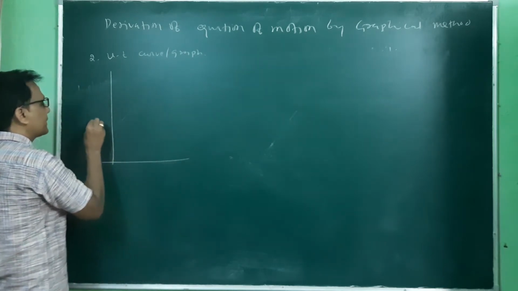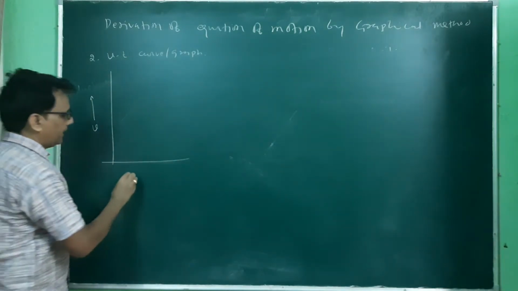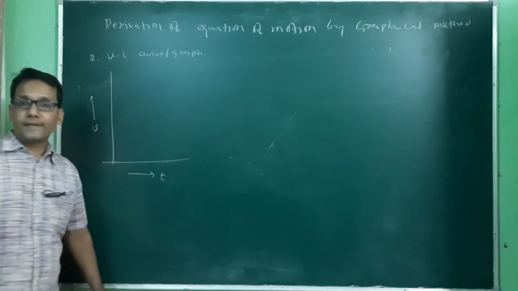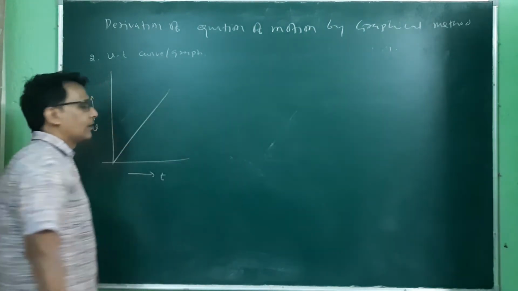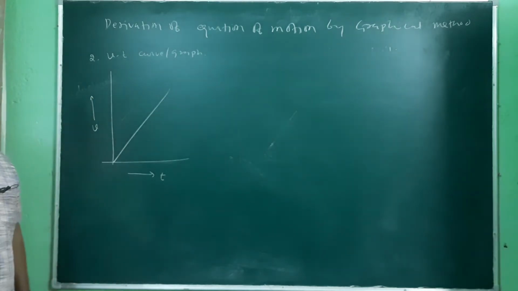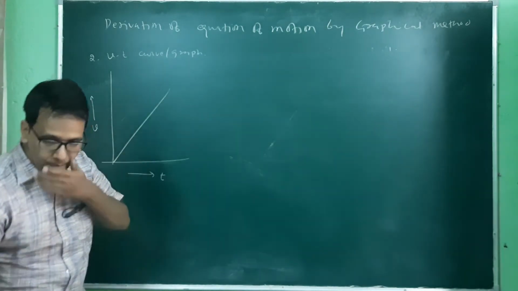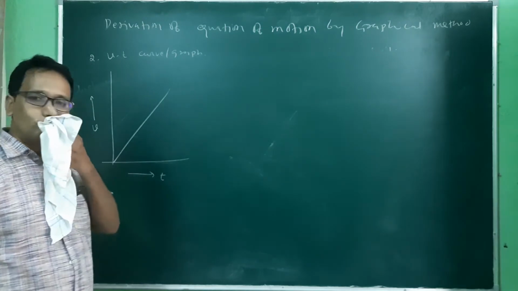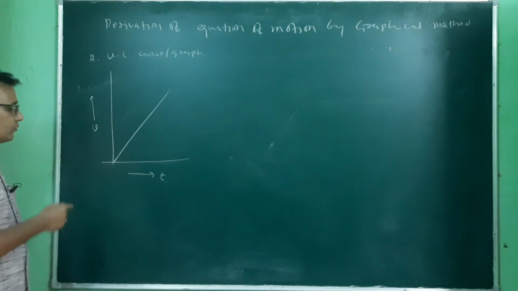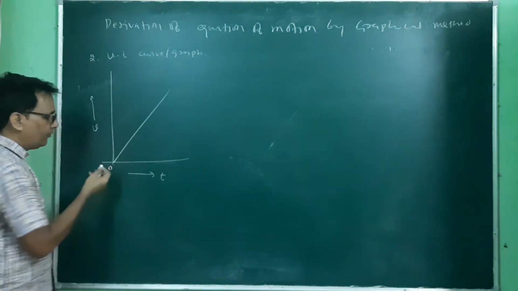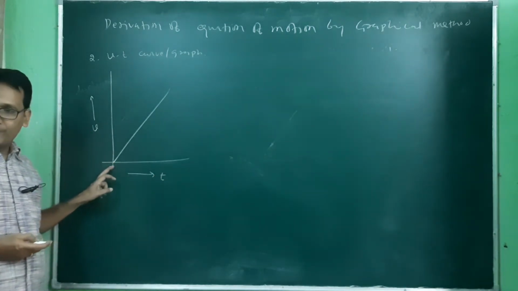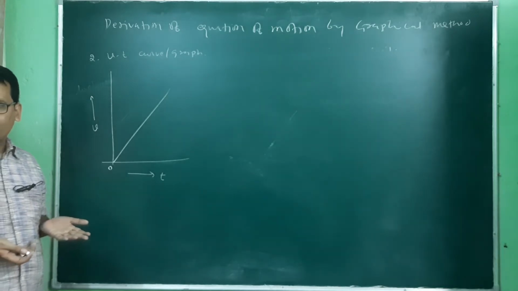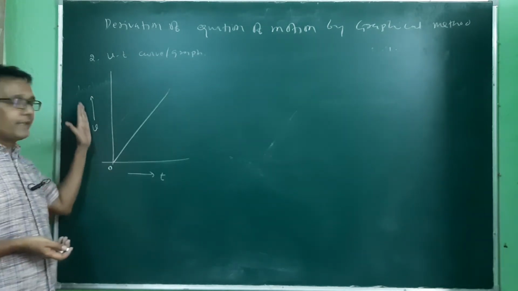Now we will represent v along the y-axis and t along the x-axis, and we are getting a similar straight line. So what is the meaning of this curve? It is starting from 0. So at t equal to 0, the velocity is 0, which means the body is at rest. As time increases, velocity increases.